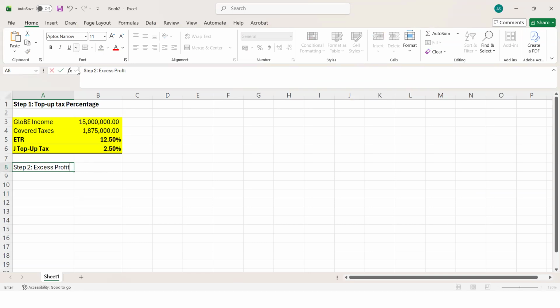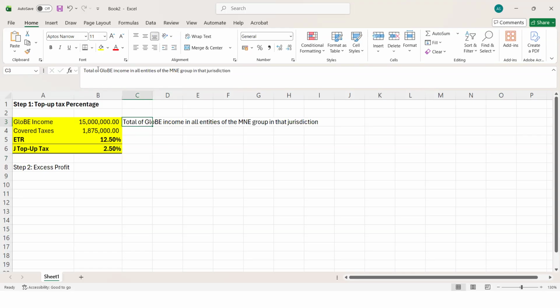Now we are doing this for the jurisdiction. So this 15 million is the total of globe income of all the entities of the MNE group in that particular jurisdiction. Okay, that is how you have to calculate.